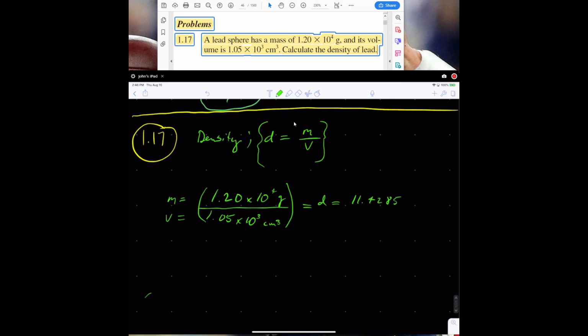Since we have to remember significant figures here, we're only going to keep 2 spaces after the decimal point. However, we see that we have an 8, so we need to round this up. So the density becomes 11.43.